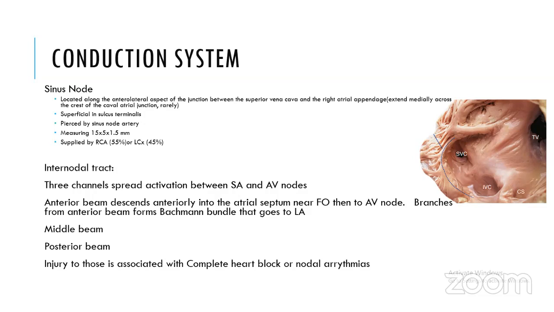In 50% of the population, the sinus node artery comes from the right coronary artery, and in 45% from the left circumflex. Its diameter is 1.5 centimeter. There is also the internodal tract between the SA node and the AV node.